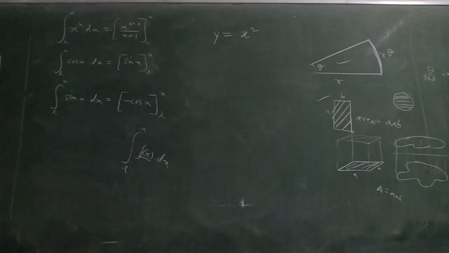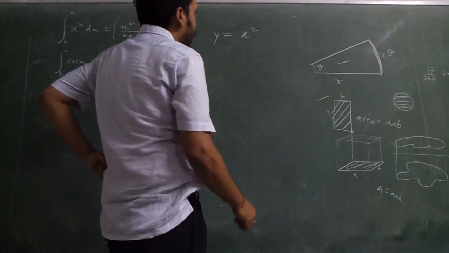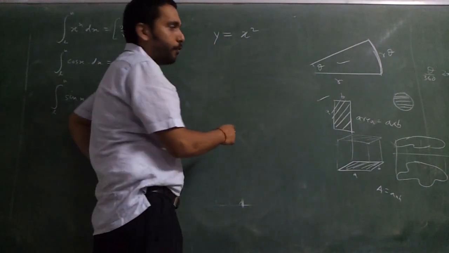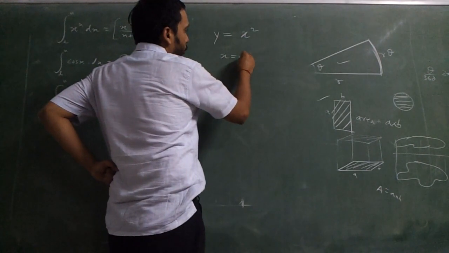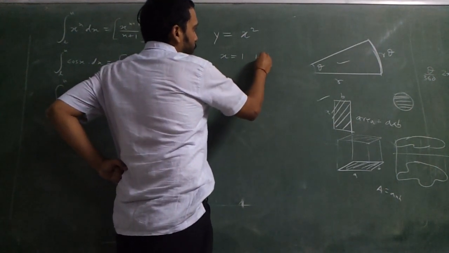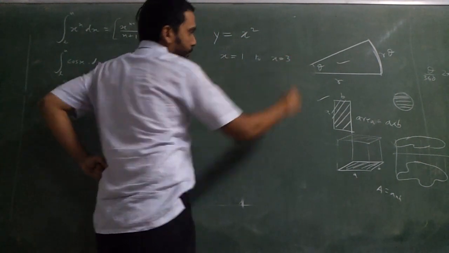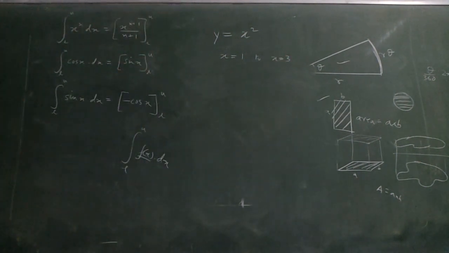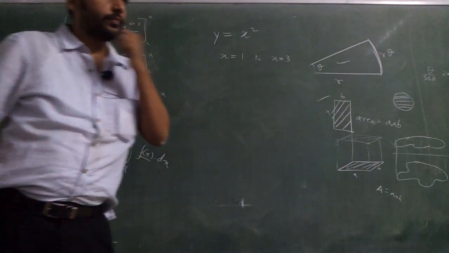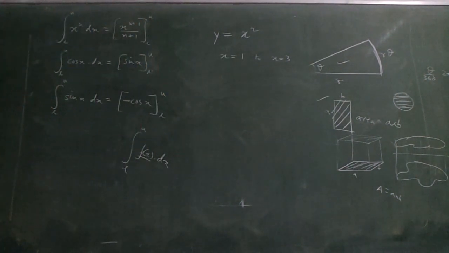I want to find the area under the curve y from x equal to 1 to x equal to 3. You have to write a computer program for this. Okay? How do you do it? You don't know.